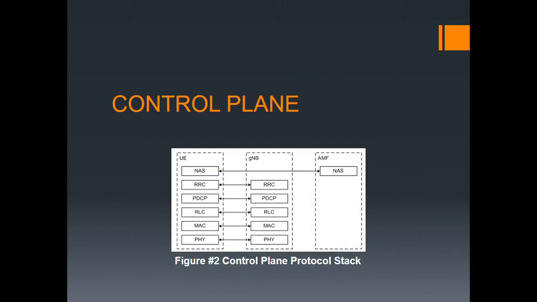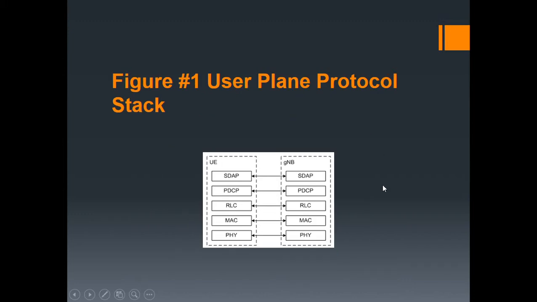So here you have user plane protocol stack includes SDAP, and this adaptation protocol is something new for 5G. And we already had layer 1, MAC layer, RLC and PDCP, and the SDAP is something new, and we will dwell upon what this SDAP does.